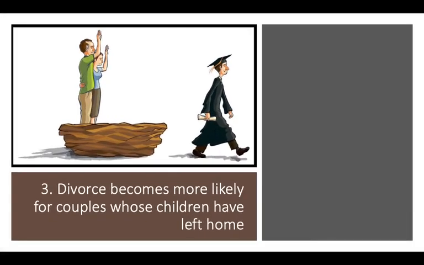Divorce becomes more likely for couples whose children have left home. It is true. This is sort of known as the empty nest syndrome. When the children leave, the couples who have been so focused on their children now have time to themselves, and because they're so used to putting this time into other things, they struggle to handle this time that they have with each other.